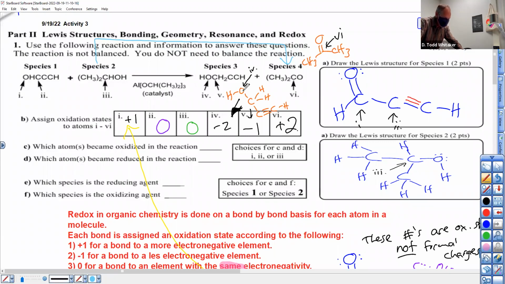So do we agree that atom I is becoming atom IV? Atom I is the same oxygen as oxygen IV, right? Just more hydrogen. Yeah, but it's the same oxygen.